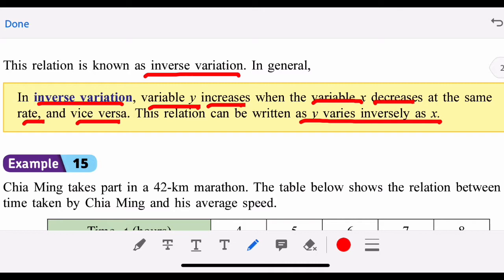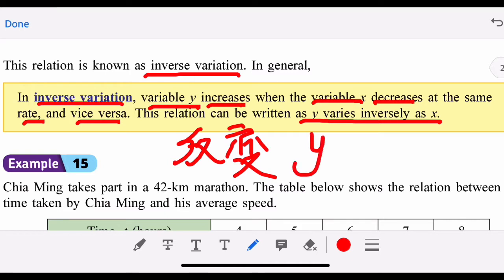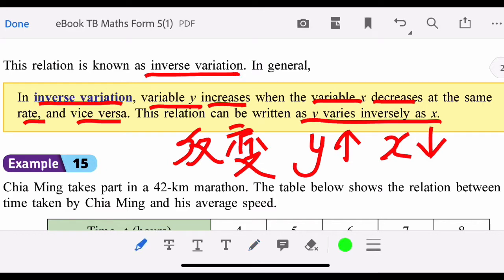In Mandarin, inverse variation is called fan bian. It is always that when one of the variables increases, the other one decreases. So this is called inverse variation.